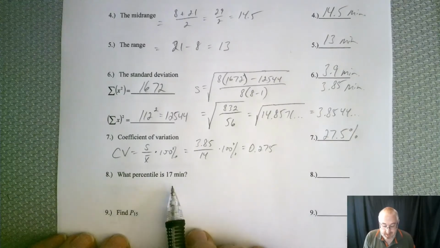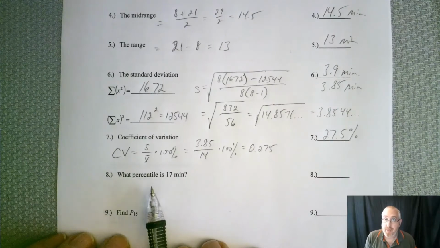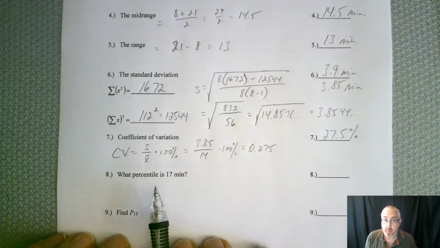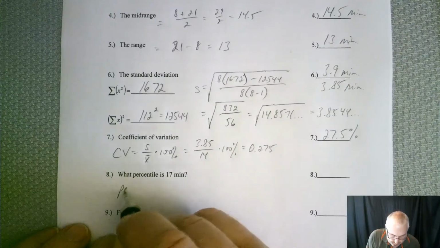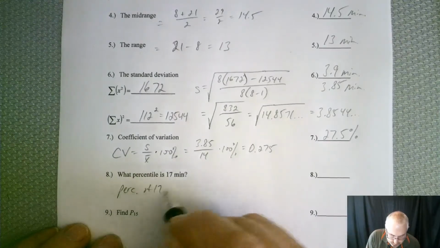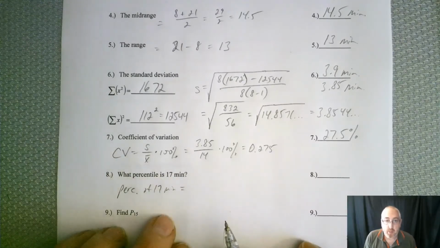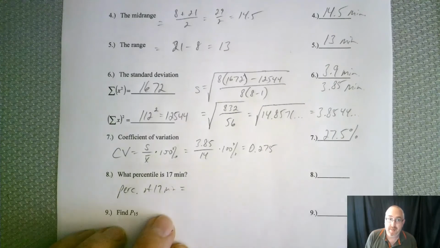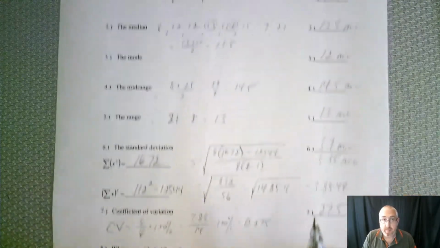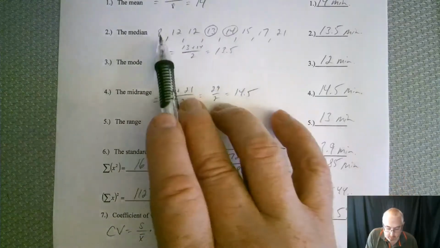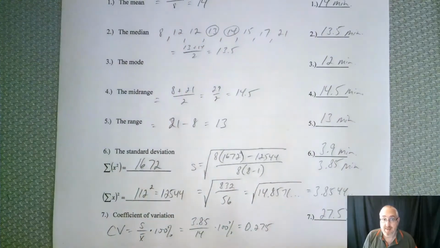What percentile is 17 minutes? So remember, percentiles are based off of sorted data. So you do want to look at your sorted data when you're doing percentiles. Now, for this one, if we want the percentile of 17 minutes, we need to first know how many values are less than 17 minutes. So if you go back up to your sorted data, we got 1, 2, 3, 4, 5, 6 values are less than 17.